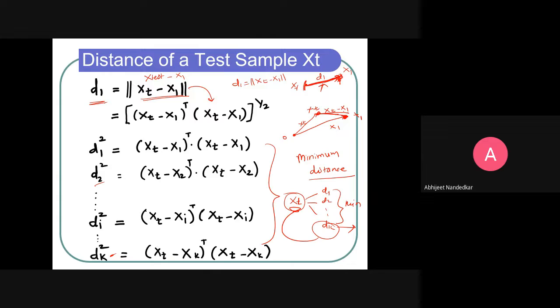Now instead of doing the norm, we go for norm square. You can see here I am doing squaring of the distance, so that doesn't harm the main thing, but it simplifies my calculation. Instead of the square root here, if I square this, then the square root will go, so my calculations are simple. So instead of d1, d2, I am actually calculating d1 square, d2 square, dk square.